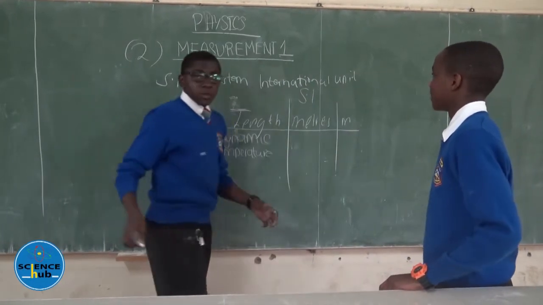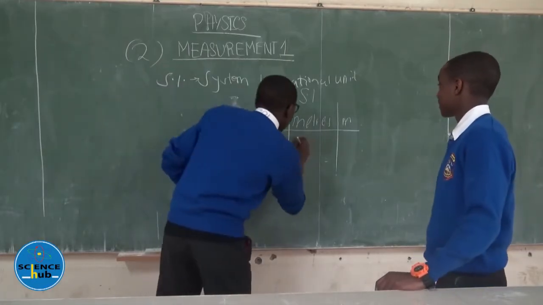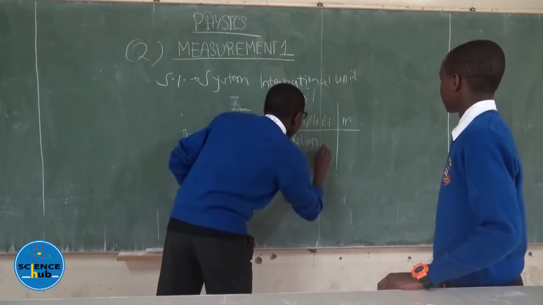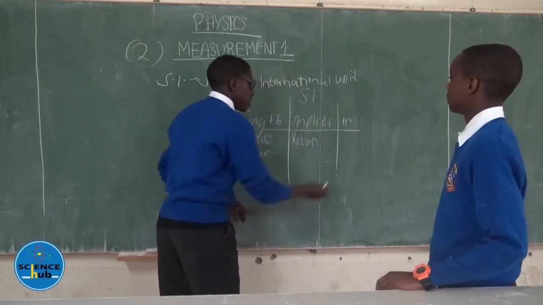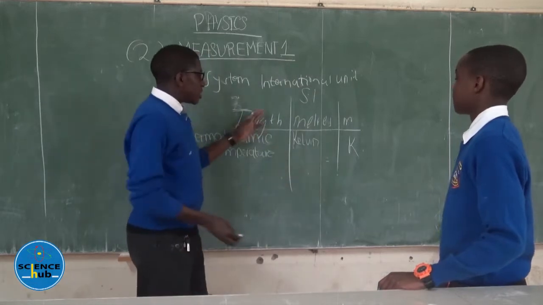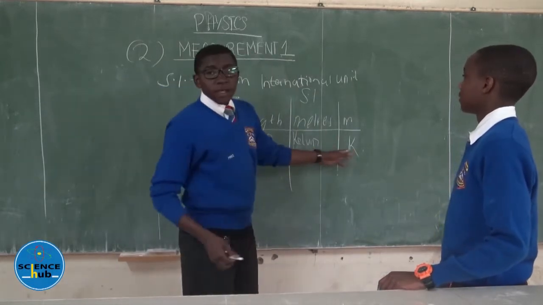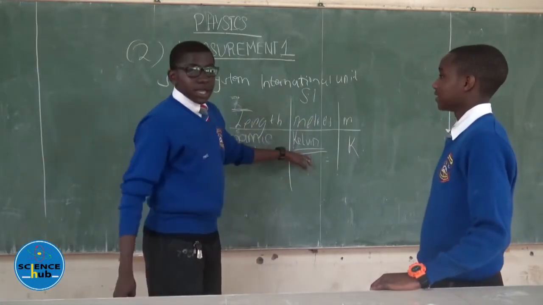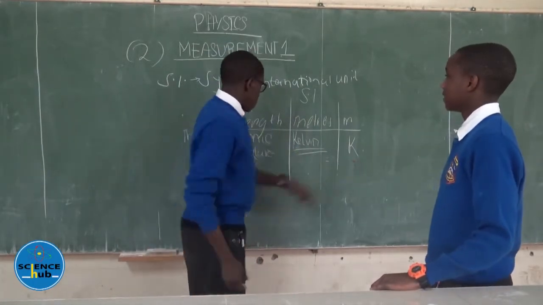The SI unit for thermodynamic temperature is Kelvin, and its symbol is K, capital K. Many people may sometimes confuse the symbol and the SI unit. The name is the SI unit, Kelvin, and this K is the symbol.